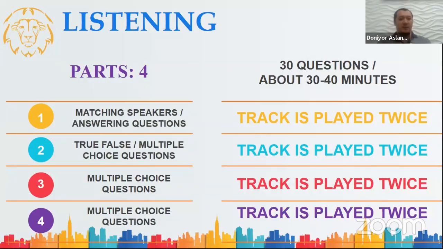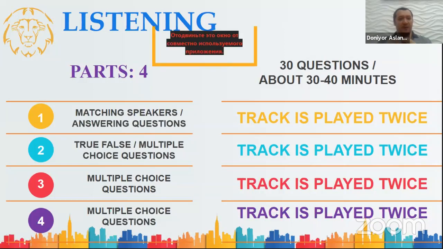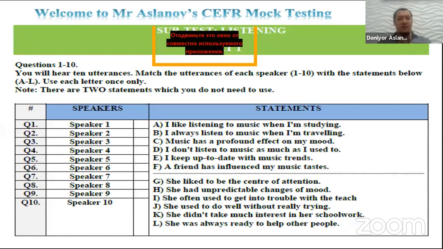And in both part 3 and part 4, you will be given multiple choice questions as well. Now we will look at them deeply one by one. So you may see one example of matching speakers. You will be given 10 speakers. 10 speakers will speak about one particular thing, and you have to match from these statements.